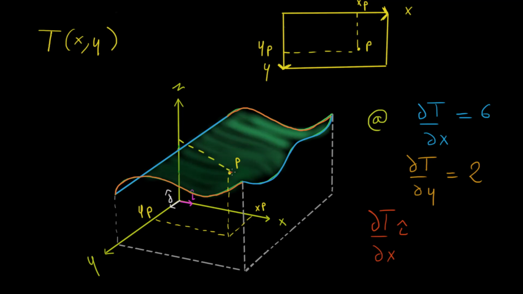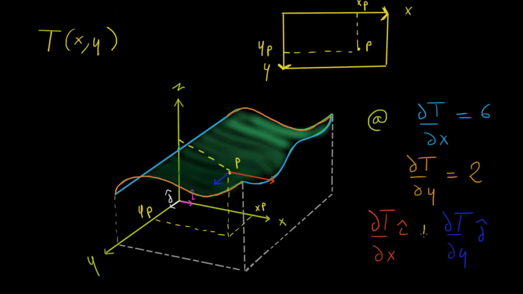So maybe it will look something like this. The same way, we are going to draw another vector, the partial of T with respect to y times j. It will have the direction of the j unit vector, and it will be 2 units long. So maybe it will look something like this.